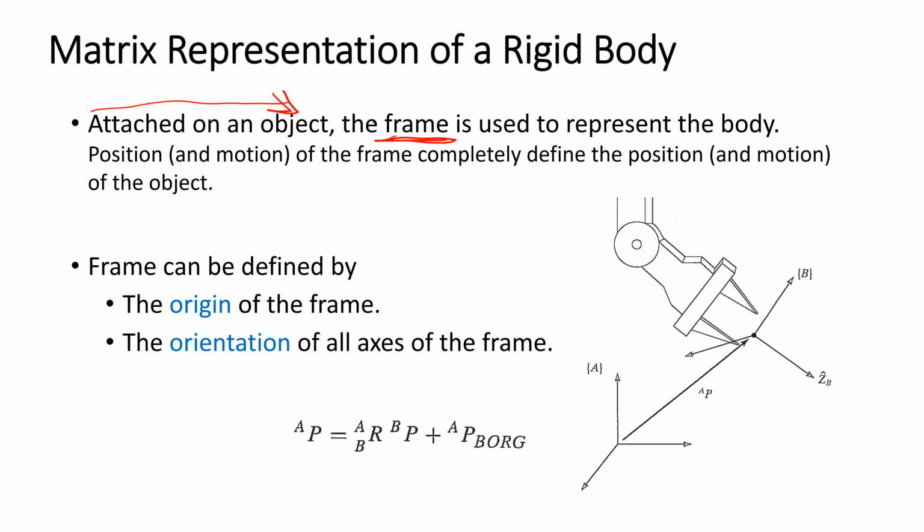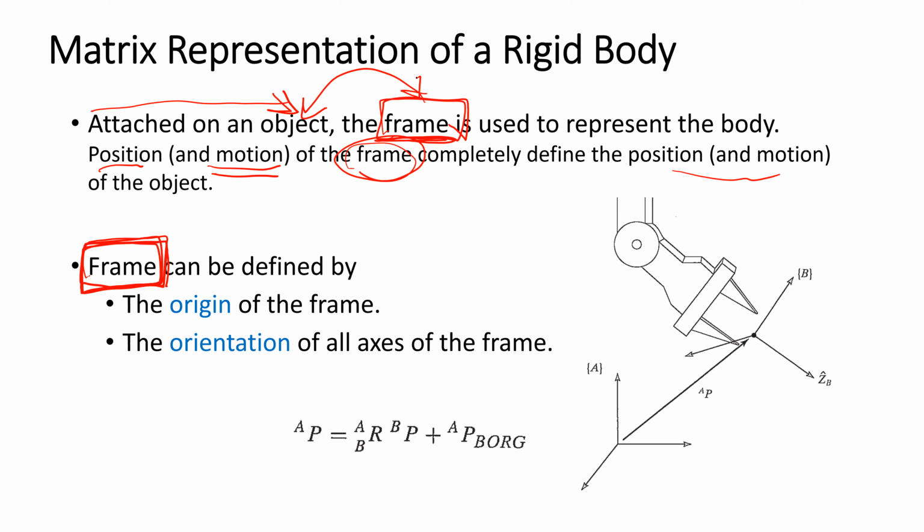And the position and the time derivative of the position, which is the motion of the frame, can completely explain the motion and the position of an object. Now we know that the frame can fully define an object.